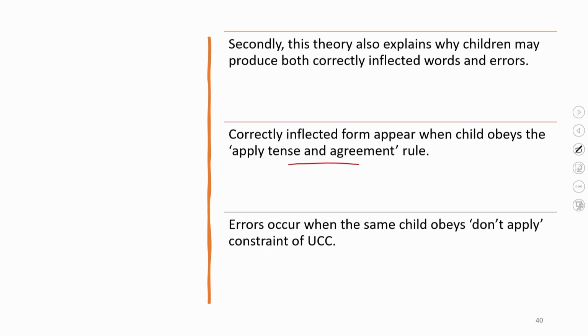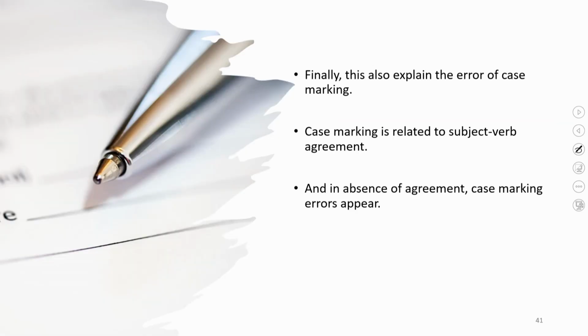If they are obeying the wrong one, then they get the error. Because both possibilities exist in this theory, both kinds of output are possible at the same time. Now, this happens before they have figured out the entire pattern of the language.